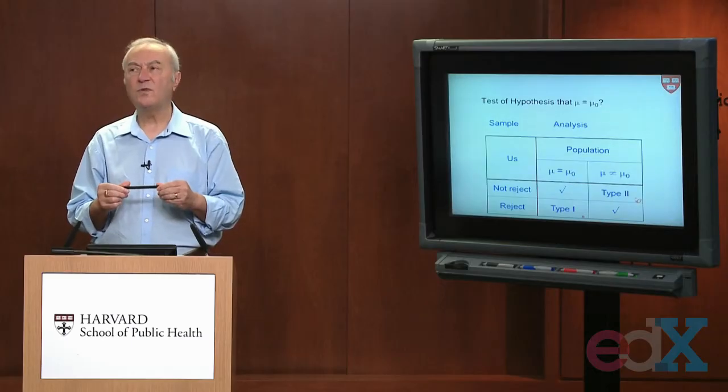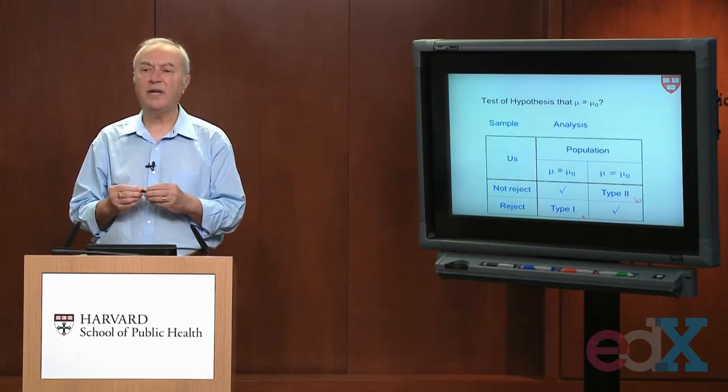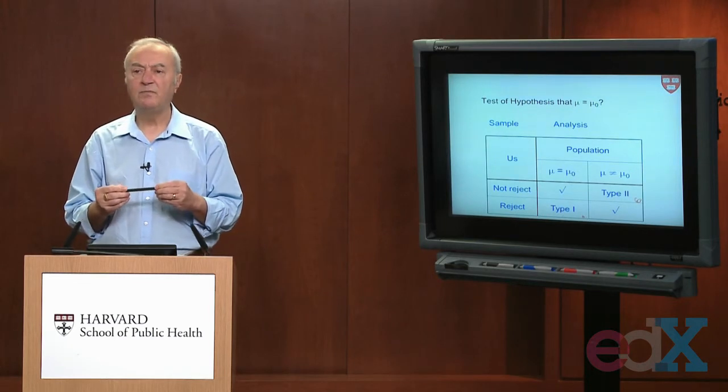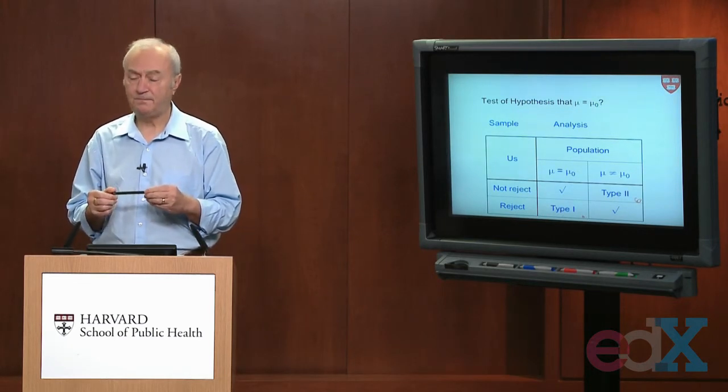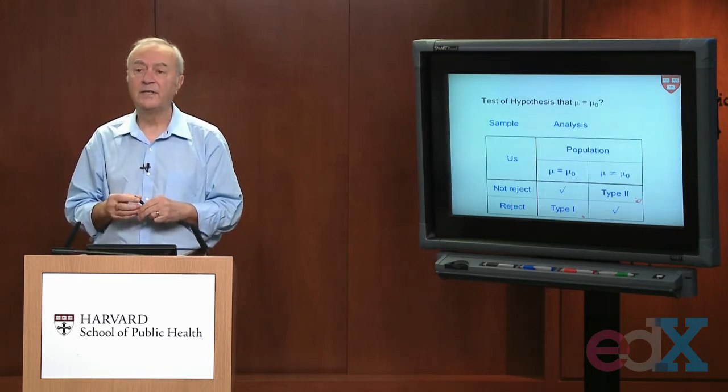The Romans used to say, better that 10 guilty men go free than that one innocent person be found guilty. So they had this 10-to-1 ratio of these probabilities of these types of errors.